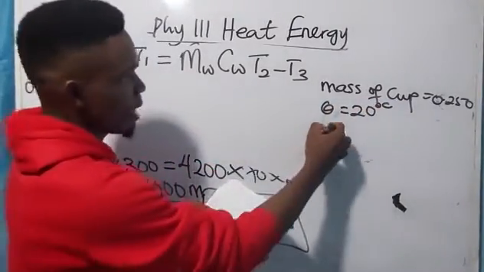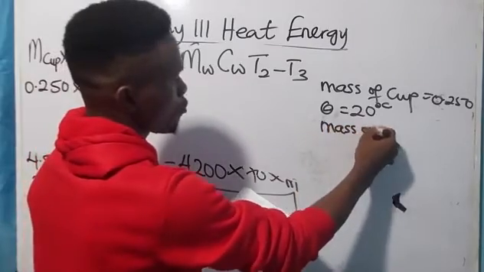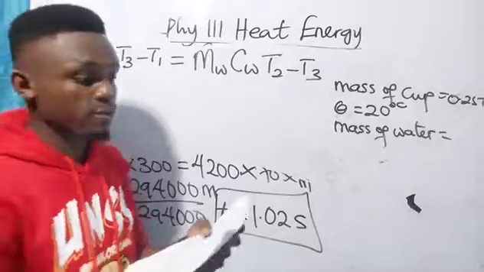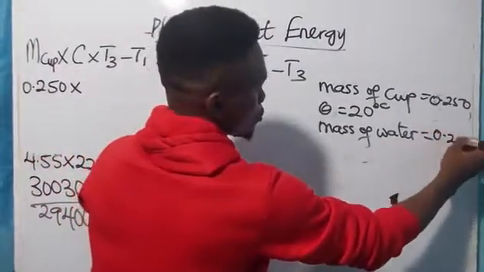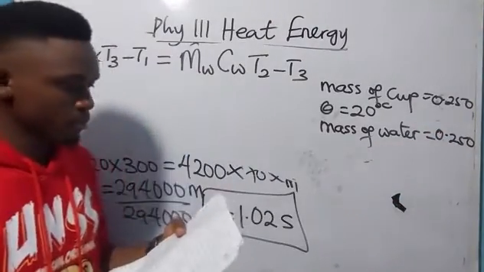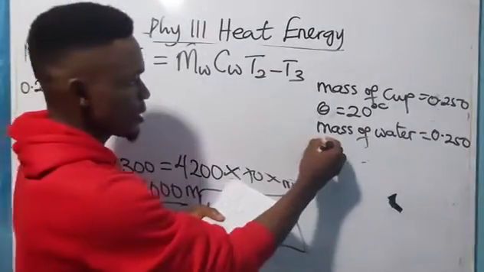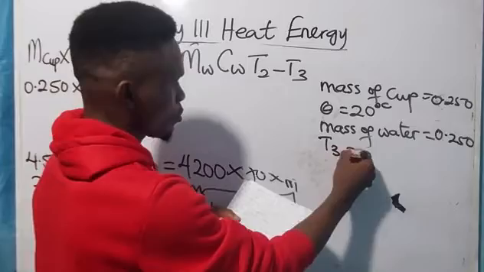Then the mass of water is given as 0.250 kilogram, the same thing. Then it came to a common equilibrium as this T3 equals what?